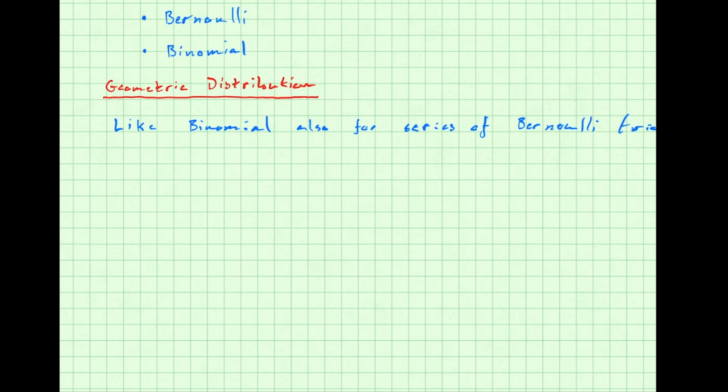So in the case of the binomial distribution, the random variable X was the number of successes after n trials.